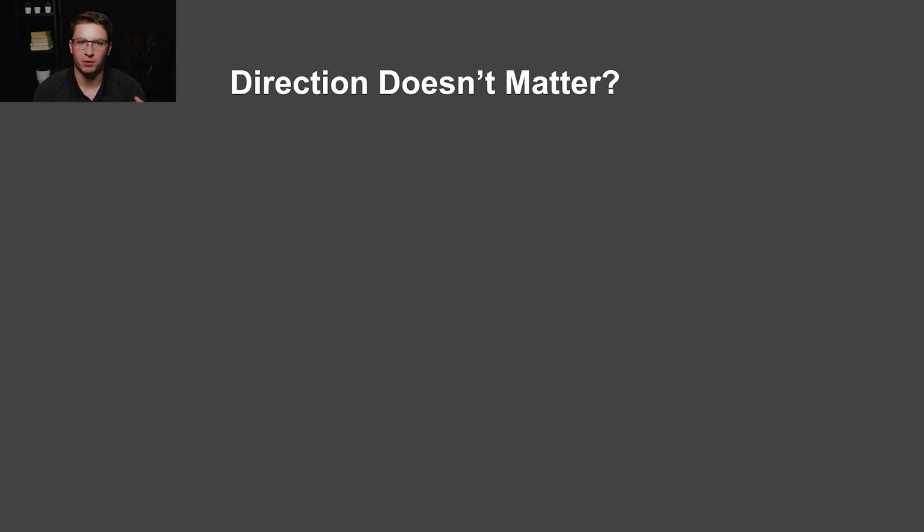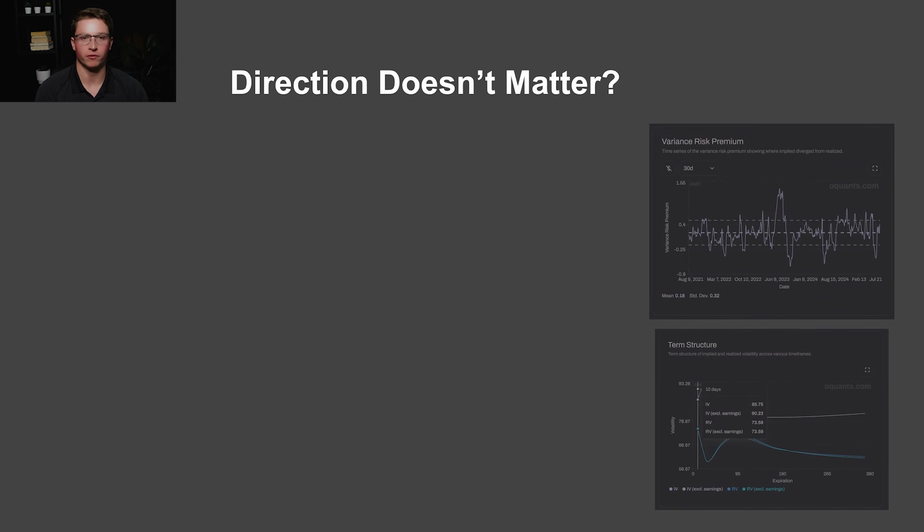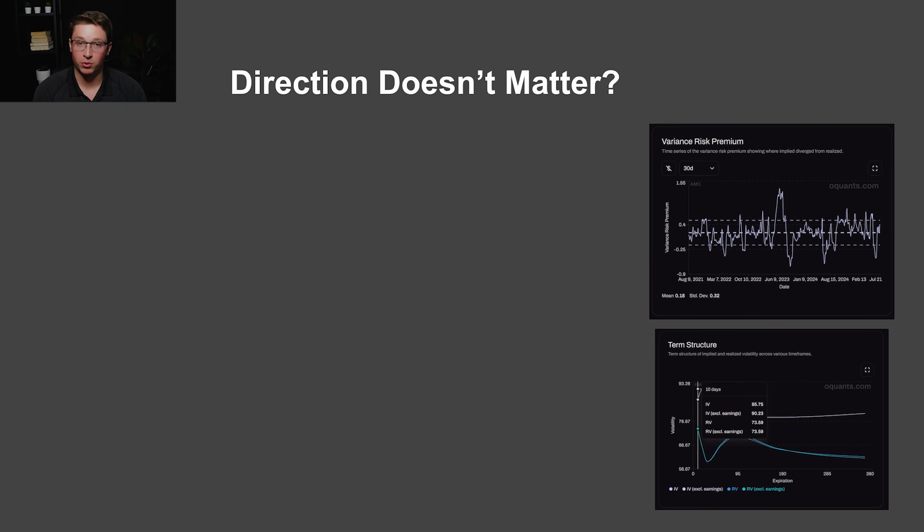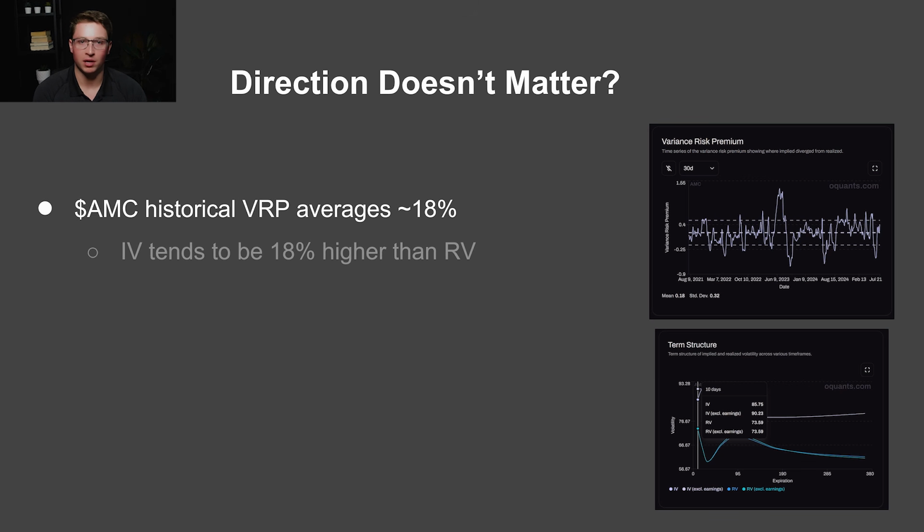While this may seem like a simplification, there's a solid justification for it. AMC's historical variance risk premium, the average difference between its implied volatility and realized volatility, is roughly 18%. That means, on average, the at-the-money implied volatility trades about 18% higher than what actually is realized.